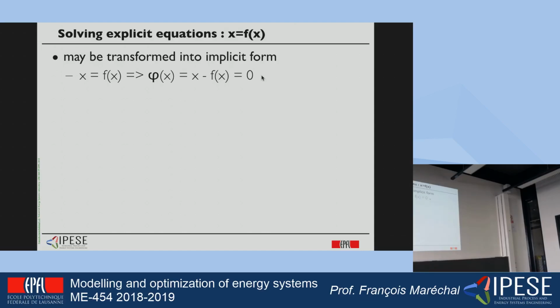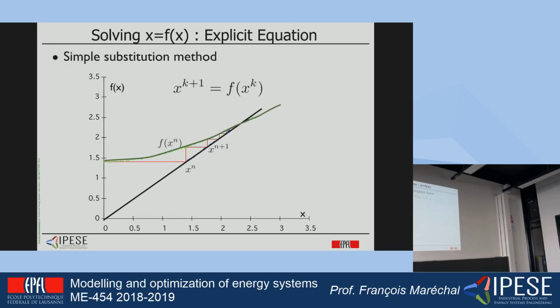But on the other hand, there is another way of doing it, is to say that if I have x that is a function of x, then what I can say is that the new x is the value of the function from the previous x. Okay, so it's a substitution mechanism. Okay, substitution mechanism is very dangerous in MATLAB.